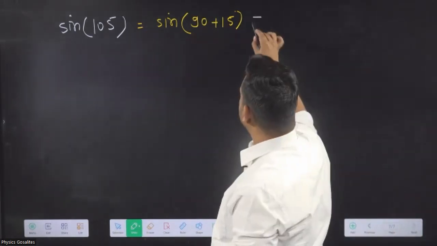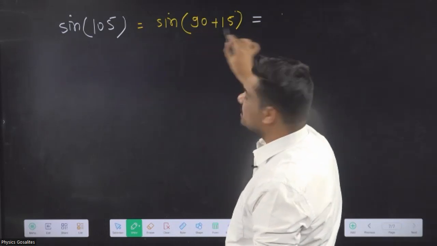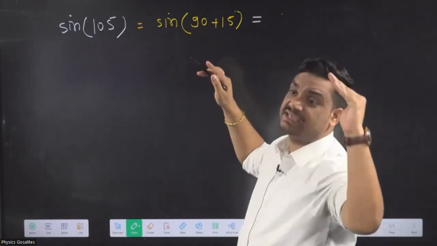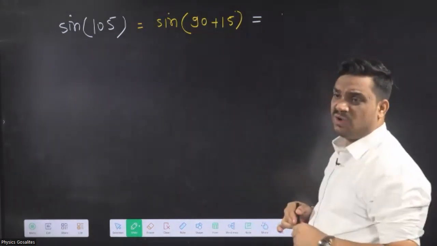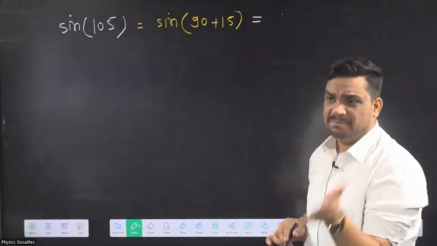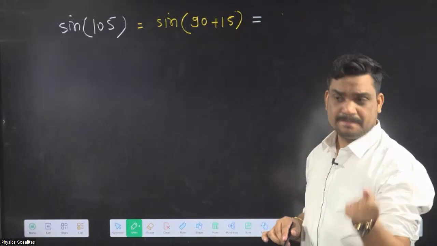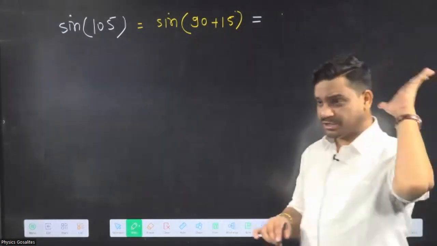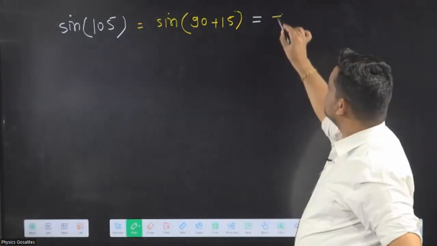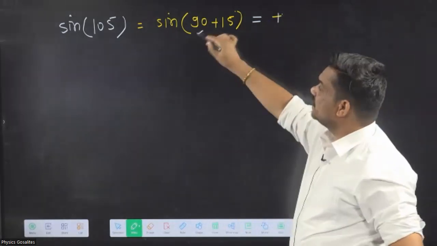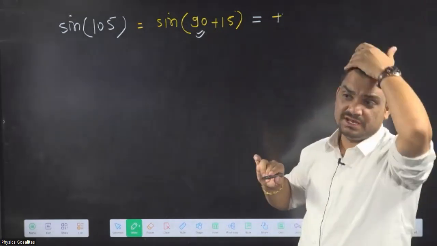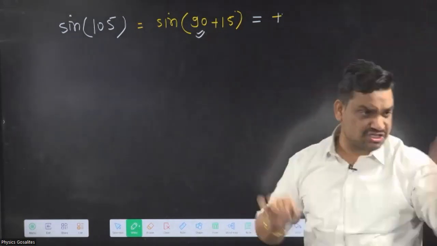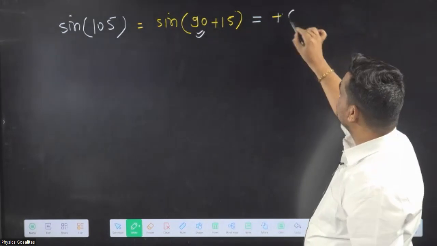Now we can say this is sine 90 plus theta, because here we can revise ASTC also. It will be the second quadrant, and in the second quadrant sine is positive. Yes, very good. So we write plus, and since 90 is there, it is going to change: it will become cos 15.